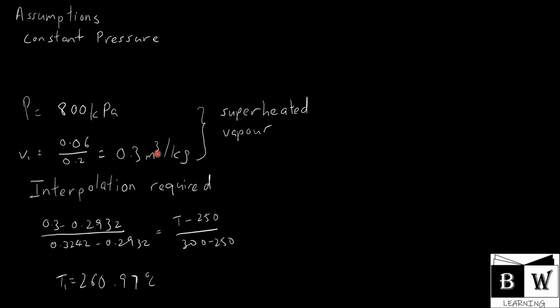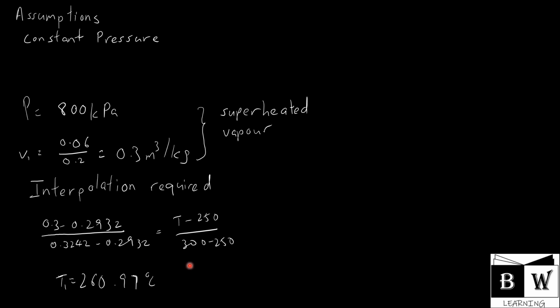So we have to determine our temperature based on interpolation, where you take the one that you have, which is 0.3, subtracting the lower end, dividing the higher end, subtracting the lower end. So likewise for your temperature, the one that you want to find, minus the lower end, dividing the higher end, minus the lower end.